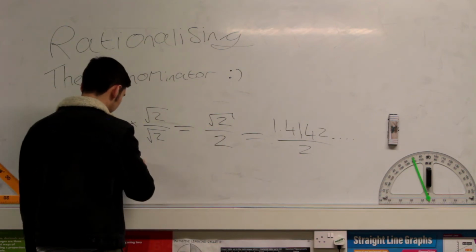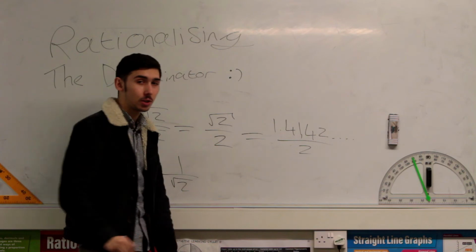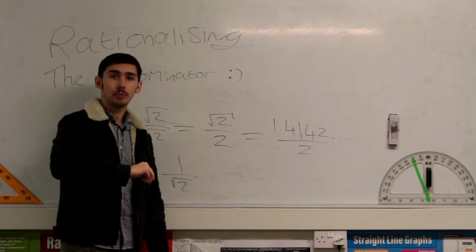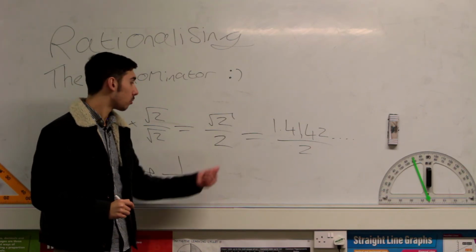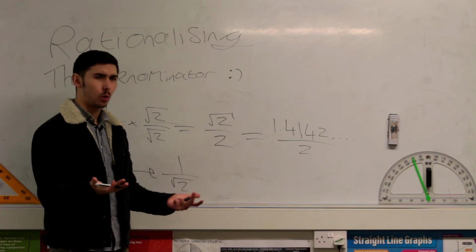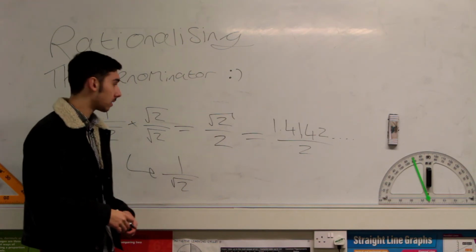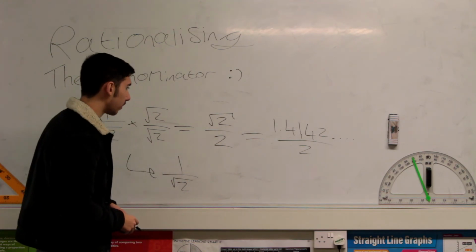But doing 1 over the square root of 2, I promise you, is significantly harder if you don't have a calculator. However, I must tell you, nowadays, this is not relevant. You don't really need to do this because a calculator can just figure it out and tell you what it is. So this is a good skill to have, but it's not actually 100% relevant.